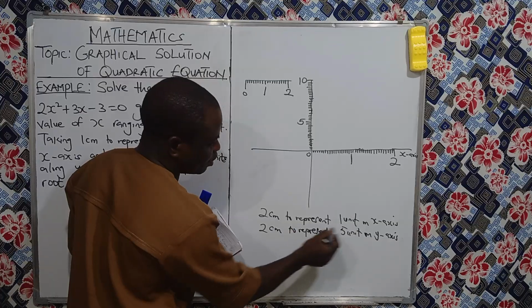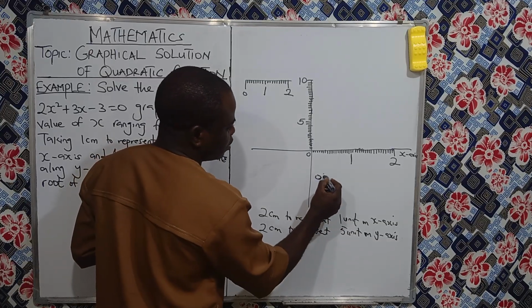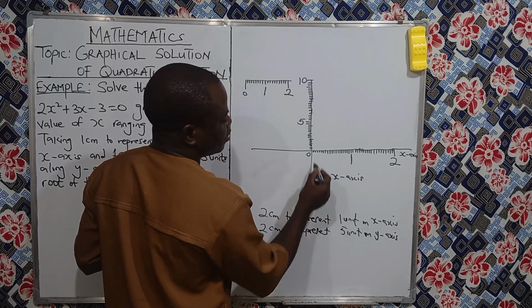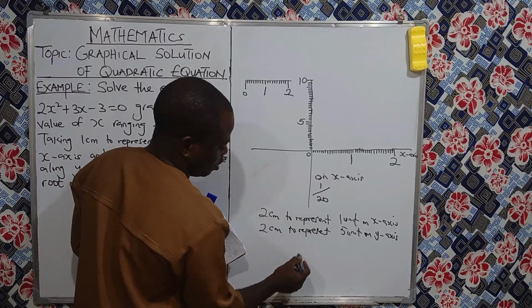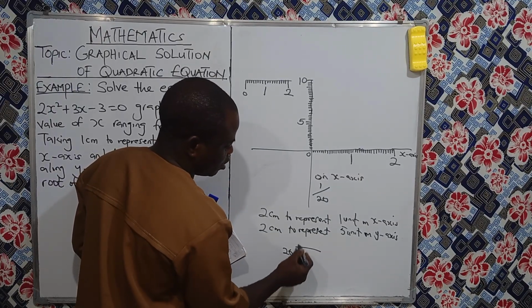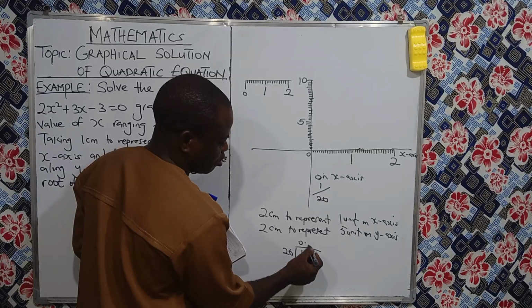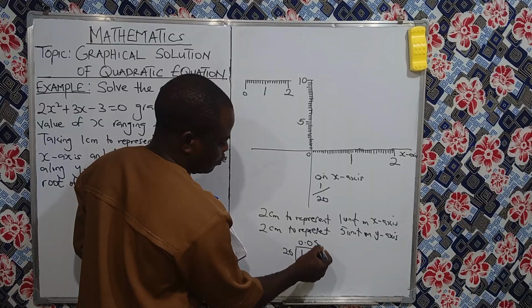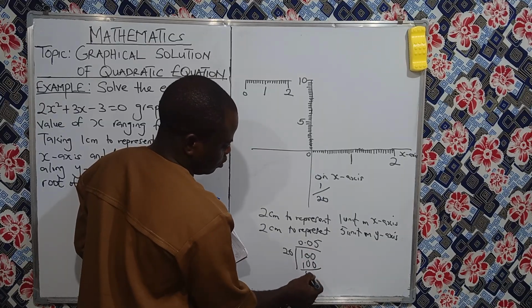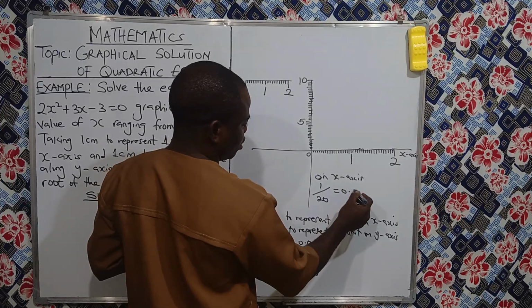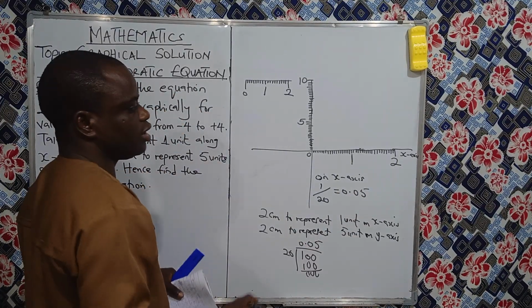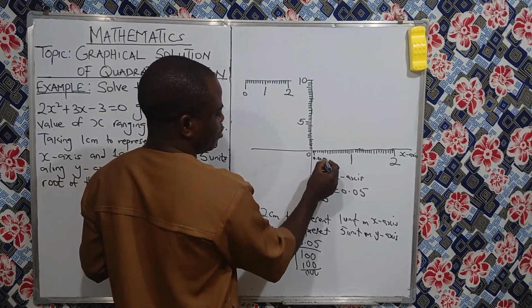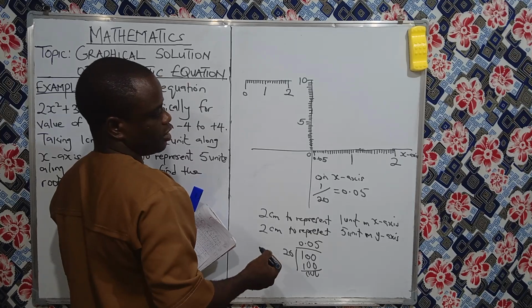On the x-axis, we have 1 divided by 20. 20 goes into 10, not possible, so we add 0. 20 goes into 100, 5 times. So each line will now be 0.05.